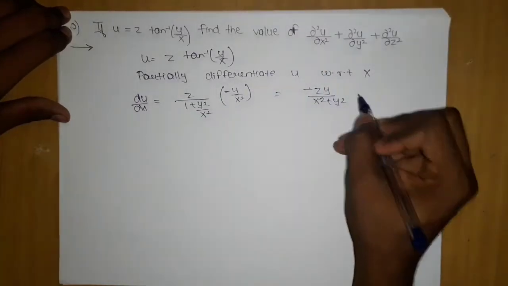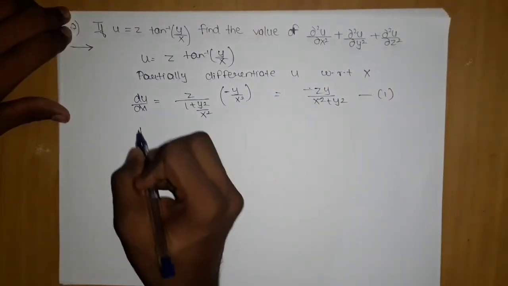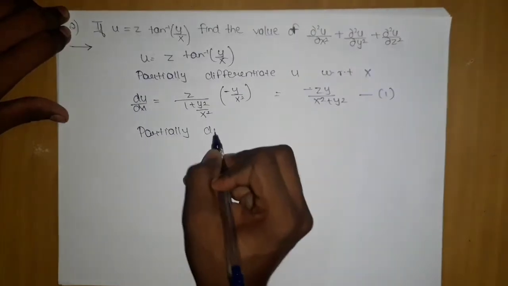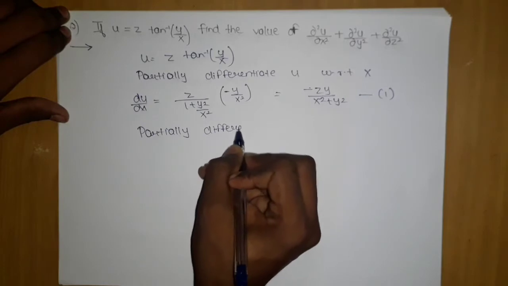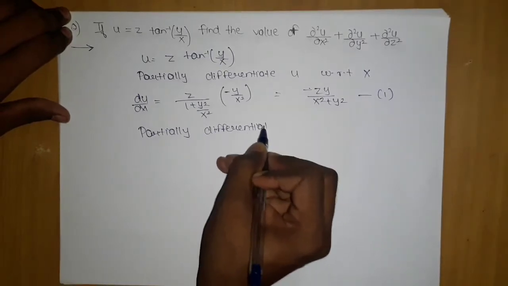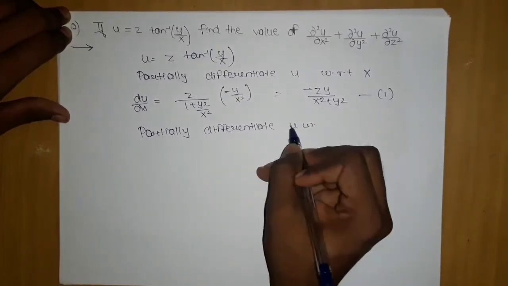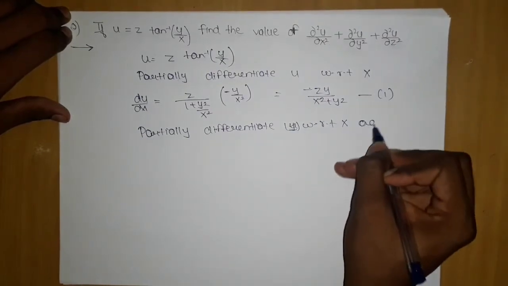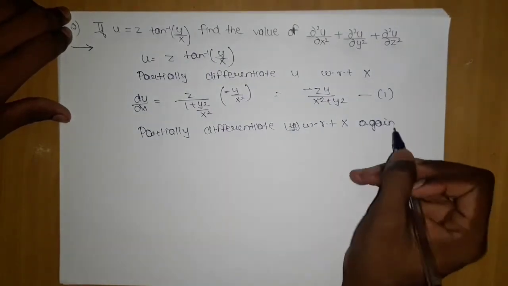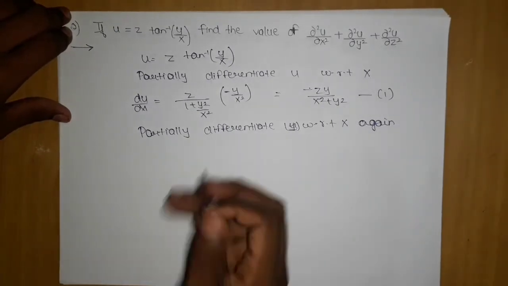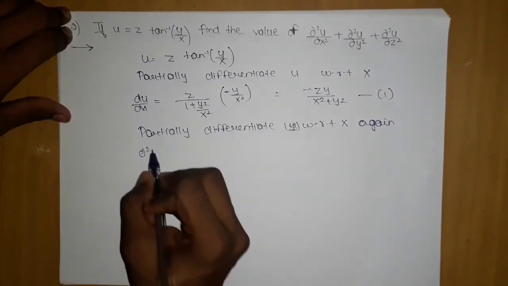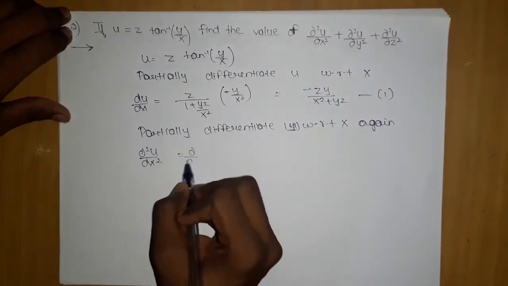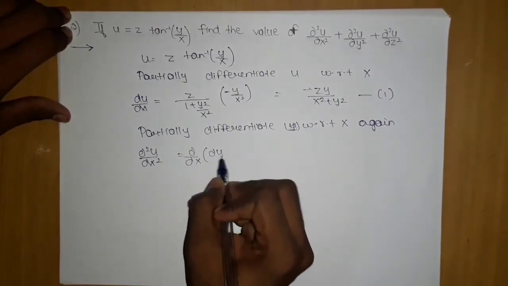So we are getting this thing, but what we want is with respect to x again. So I will call it 1 and partially differentiate u with respect to x again. The moment I do, what I'm going to get is dou square u by dou x square, which I will call as dou by dou x into dou u by dou x.